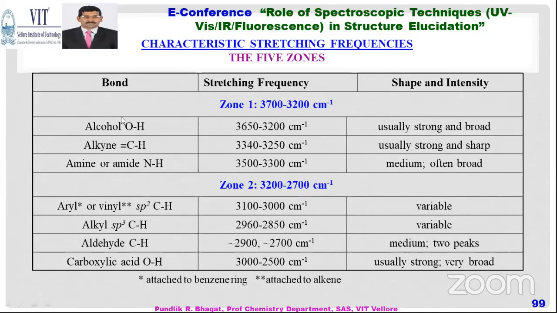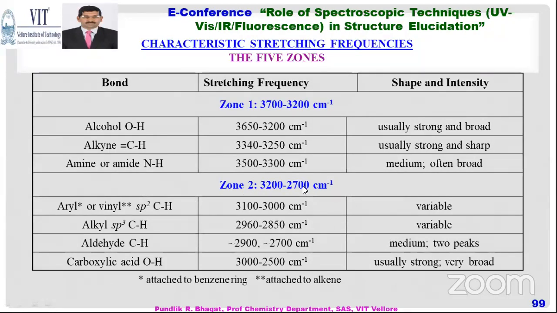You can identify very easily the first zone, 3200 to 3700: the OH group of alcohol, and the amide or amine group, NH2. This is in the first region. Similarly, the sp CH, as I told you, also comes here, but of course that is sharp and this is broad. That I will show you in the next slide.